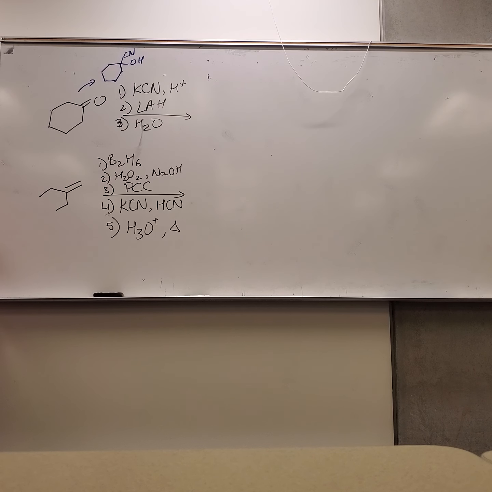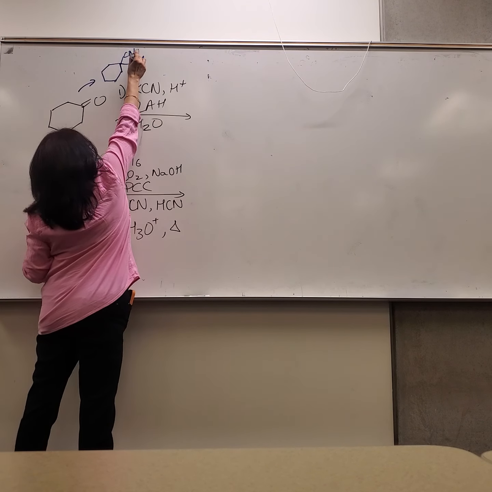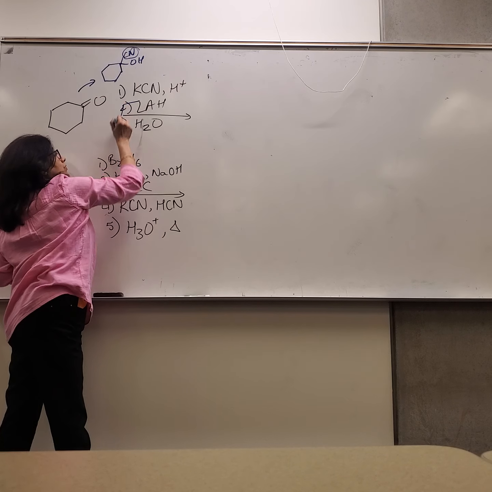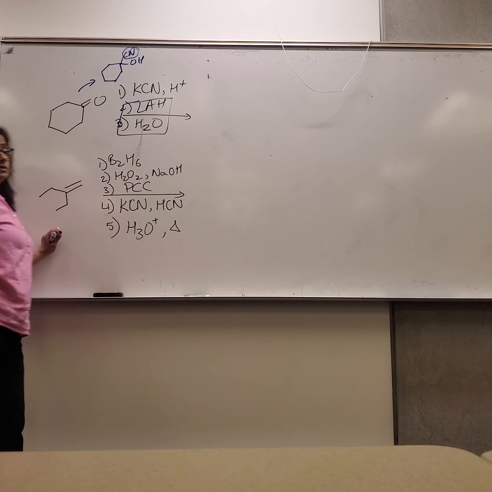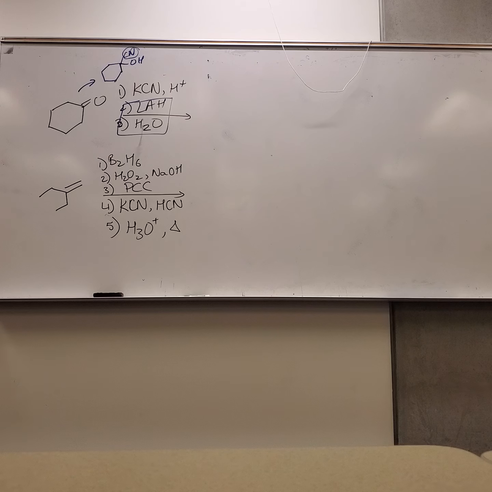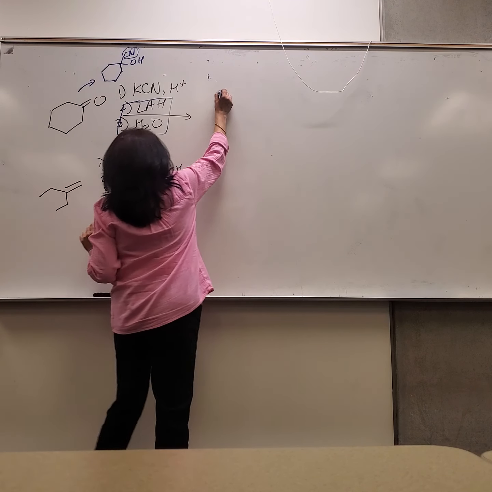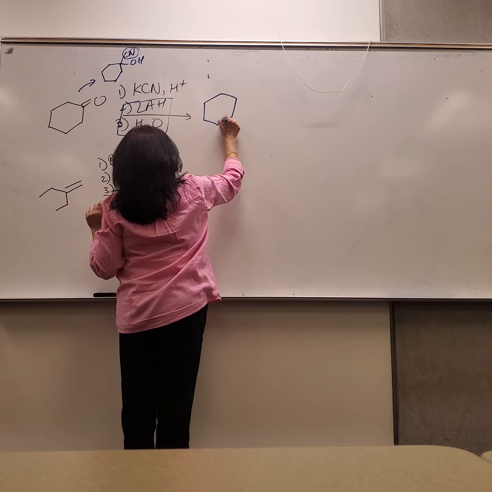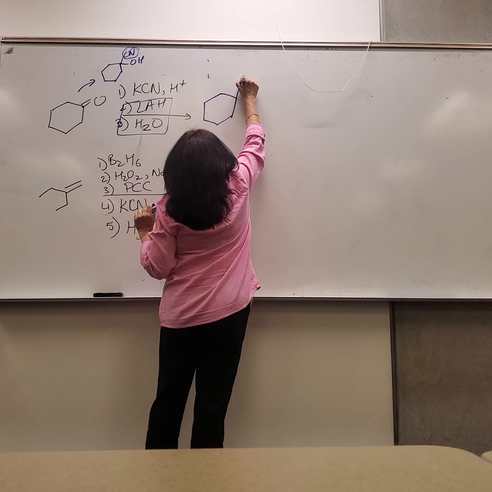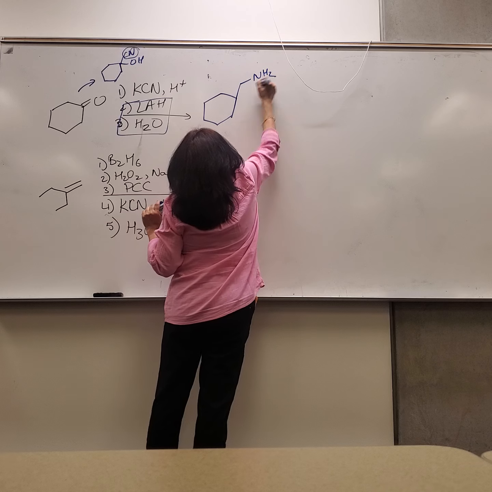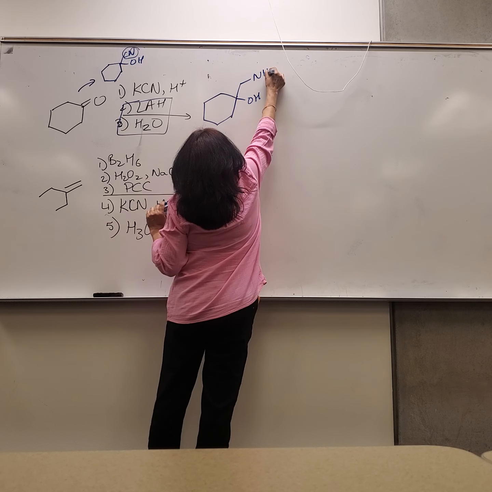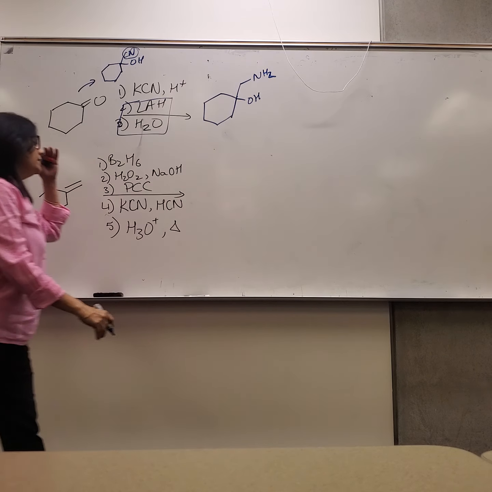LAH and then water. So what is happening to the cyano group? It is reduced and becomes a primary amine. The carbon becomes CH2 and the nitrogen becomes NH2. You're reducing it completely. Agreed? Okay. Next one.